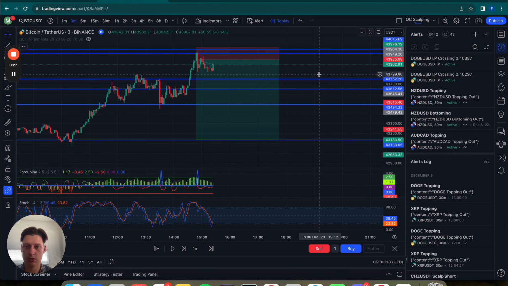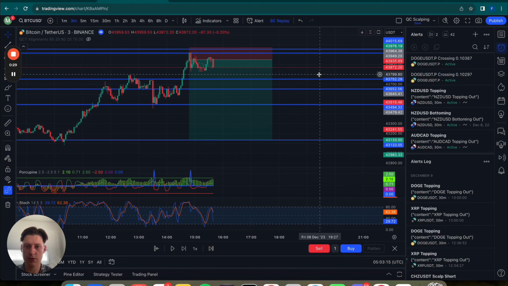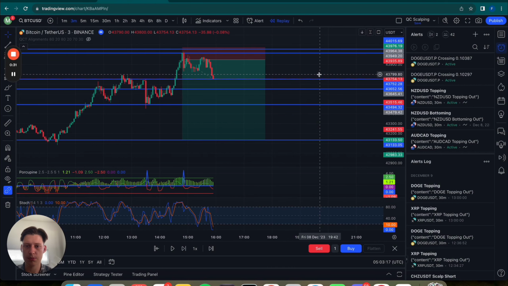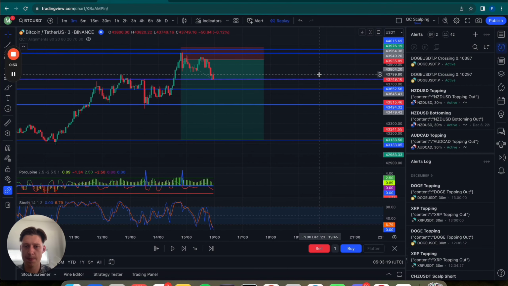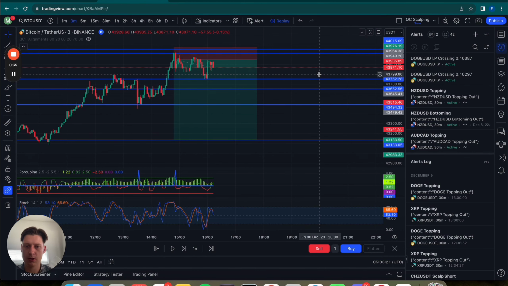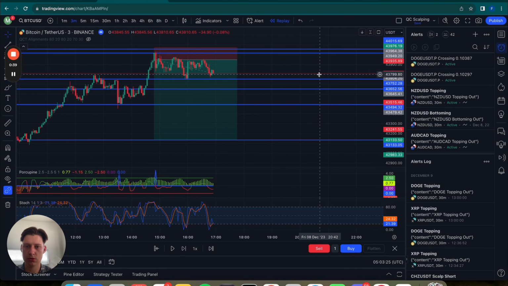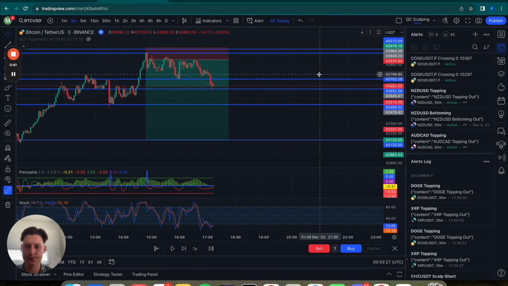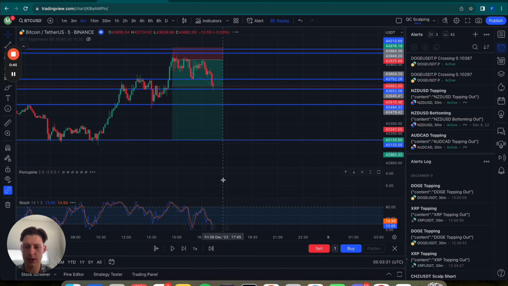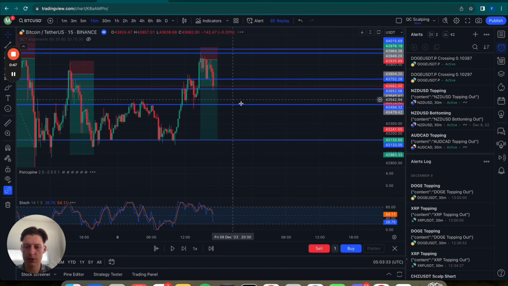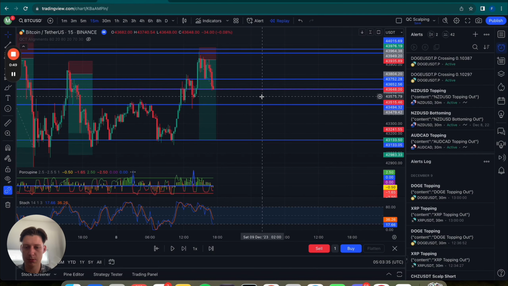So we were here on the live call. We're chopping around, hit TP1, bounced off, went further down, hit TP2 at this point. And at this point, our 3 minutes bottomed, our 5 minutes bottomed, and our 15 minute is about to be bottomed.